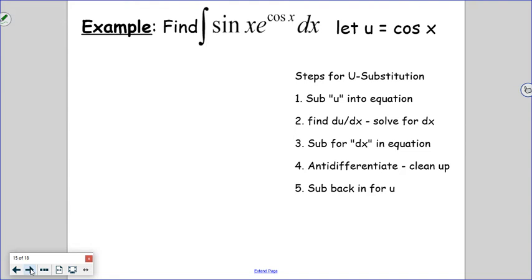Your job as you're doing this is to pay attention to how they're picking their u. Tomorrow we're going to remove that training wheel. I'm not going to tell you what u is going to represent. Eventually we're going to have to pick that function. And what do I mean by that? If we look up at that integral, we have basically three different functions that you could pick. We have sine of x, we have e to the cosine x, or we have just plain cosine x if I were to look at that exponent.